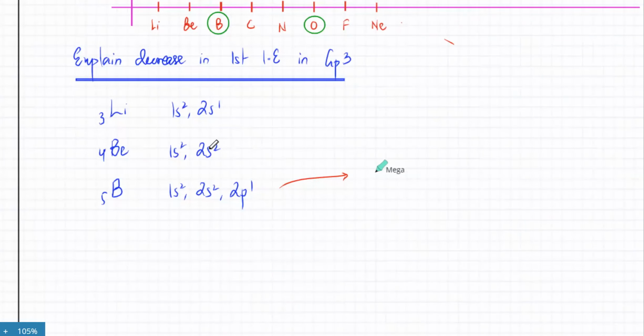In beryllium, you were also removing electrons from the 2s, which was also close to the nucleus. Now all of a sudden, you're removing an electron from a higher energy p subshell. और वो थोड़ा सा ज्यादा shielded है because subshell ज्यादा हो गए. So the nucleus is more surrounded by subshells, so it becomes easier to remove electrons.